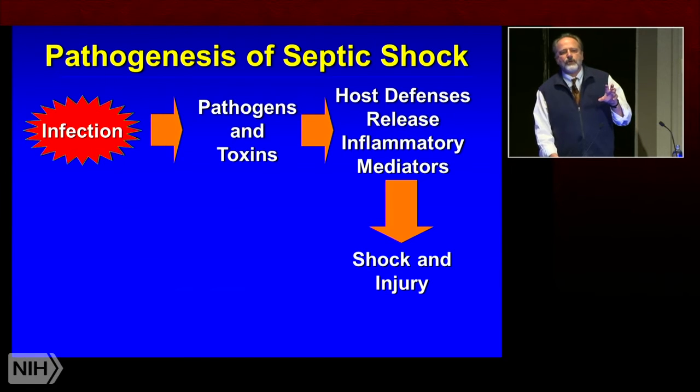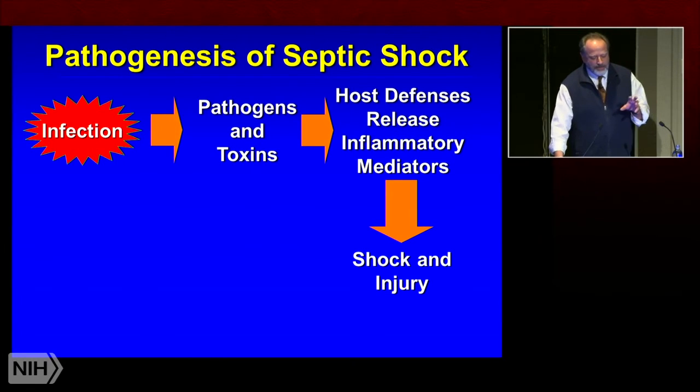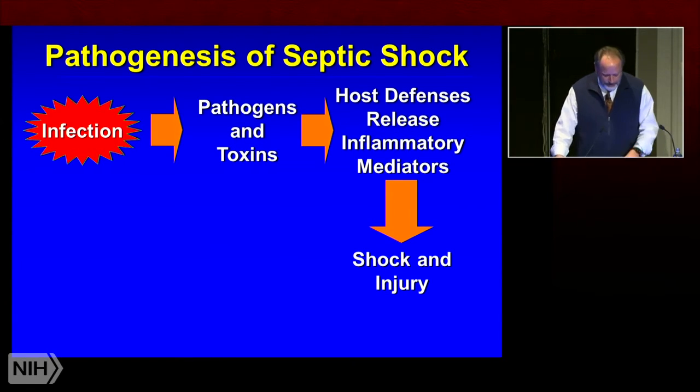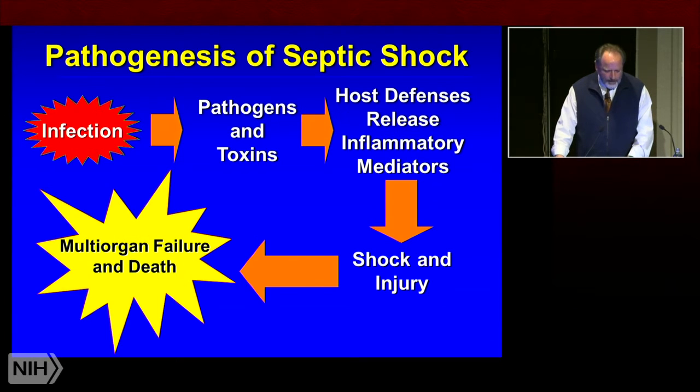Your host system was stimulated to release inflammatory mediators, and it's the host's own inflammatory mediators which caused the shock and injury. And it led to multi-organ failure and death.